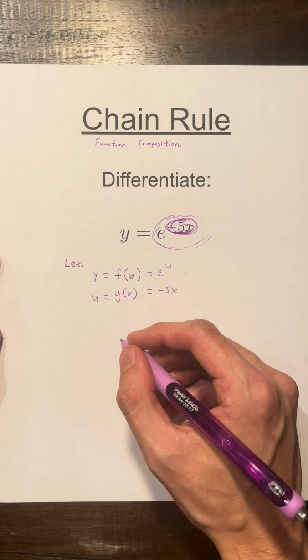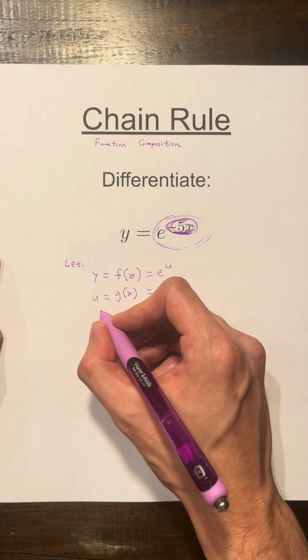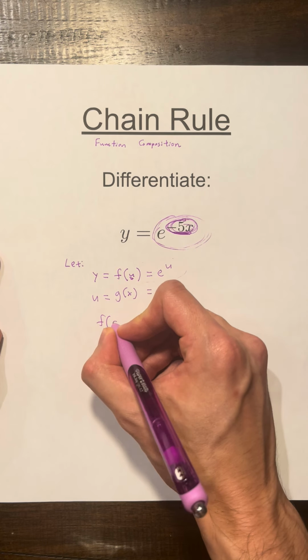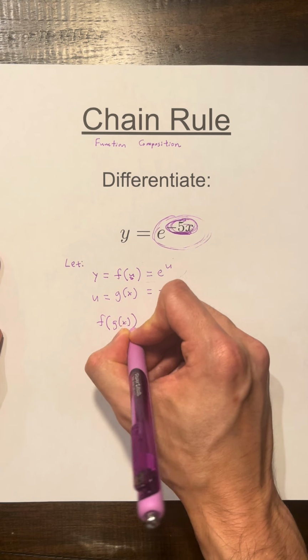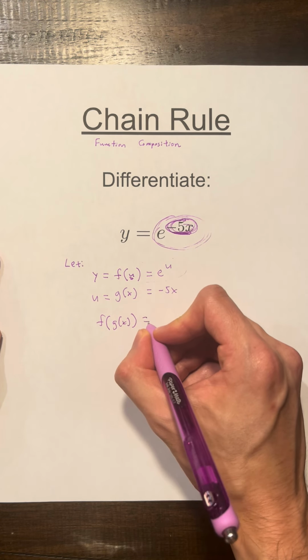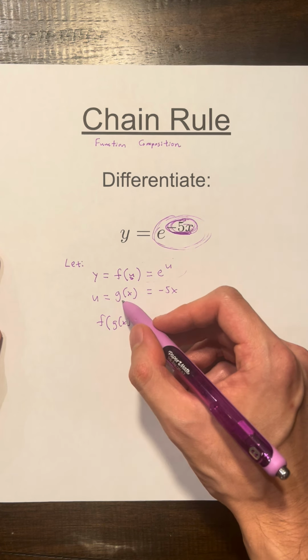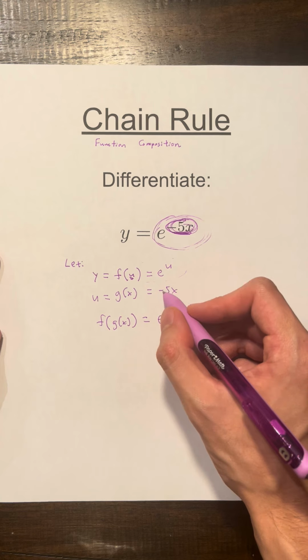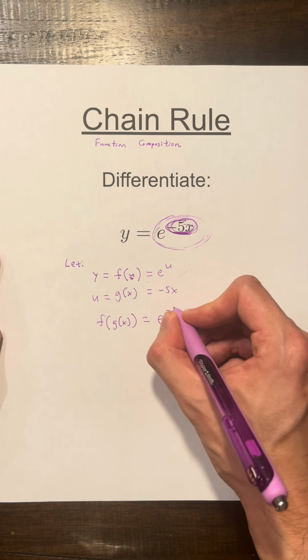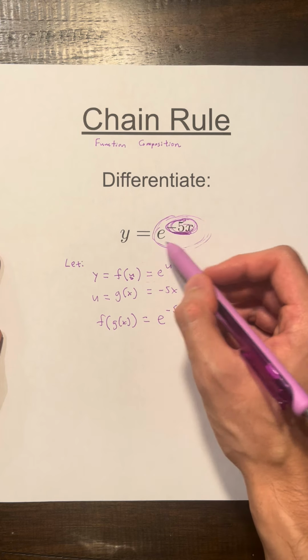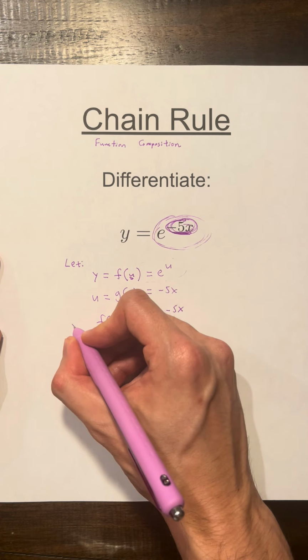I would get that f of g of x is equal to e to the power of g of x, which is negative 5x. Okay, so this is the same thing as y.